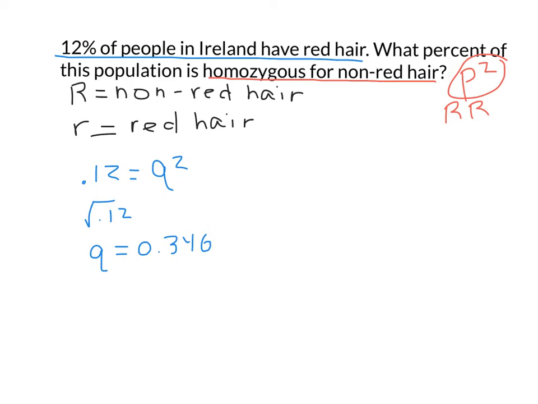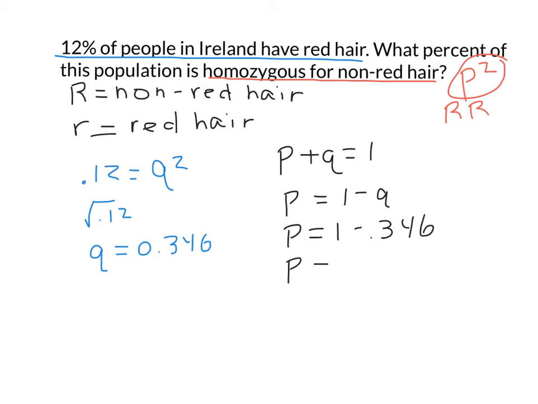Next, let's use the equation p plus q is equal to 1. To solve for p, we'll do 1 minus q. So 1 minus 0.346. So p would then equal 0.654.